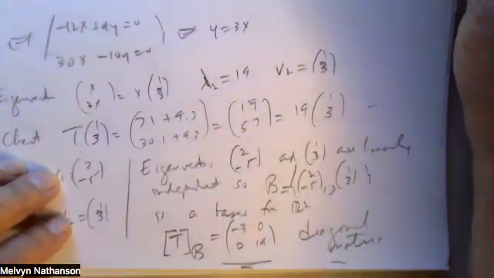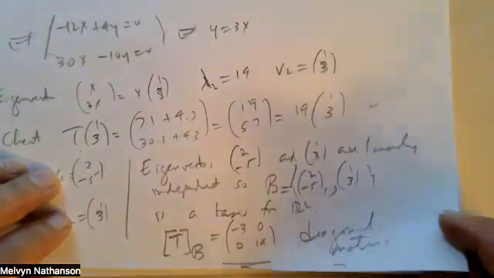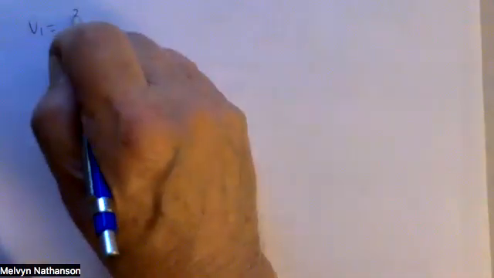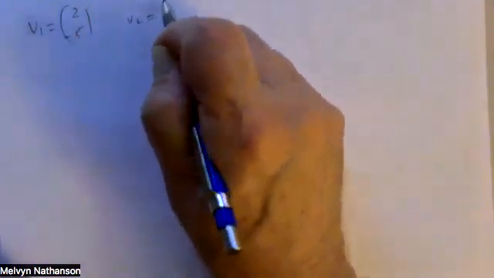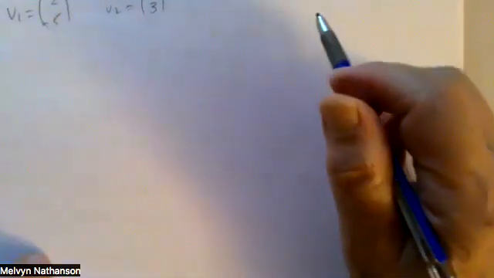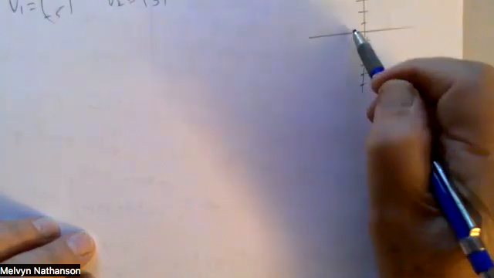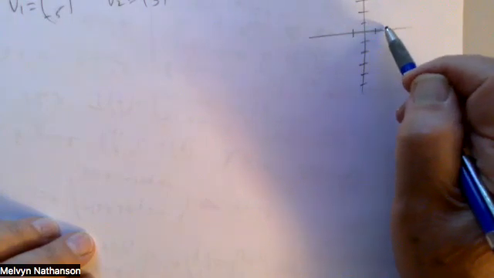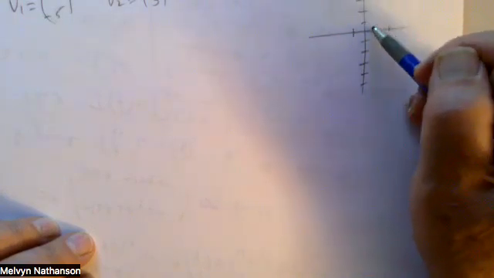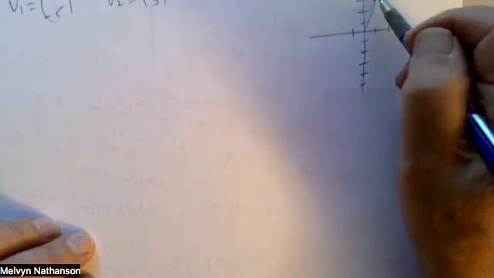It's worth taking a look at this geometrically, if you like. We have V1 is the vector (2, minus 5), and V2 is the vector (1, 3). So in the plane, the vector (1, 3) is there.